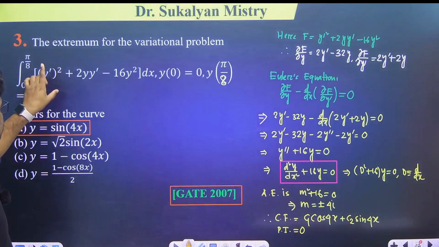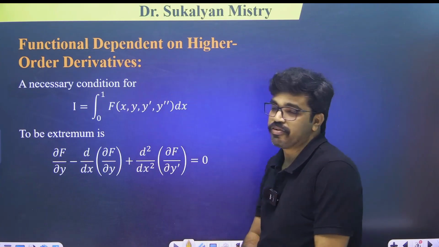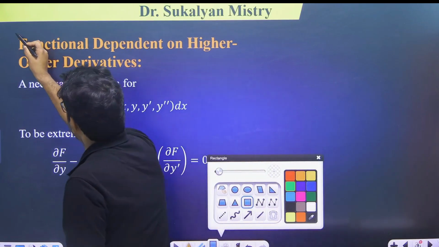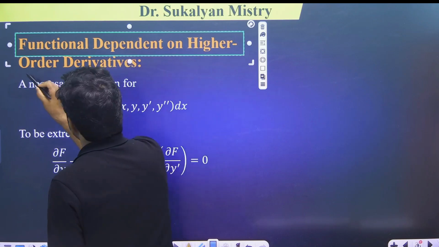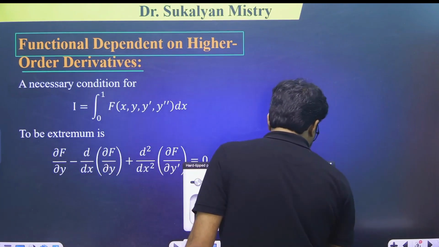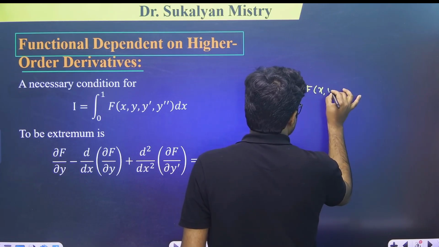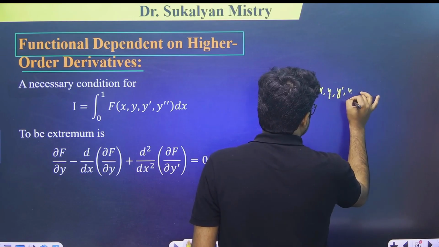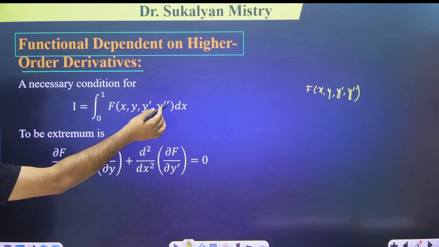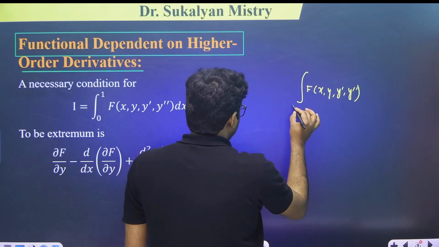when the functional depends on higher order derivatives, note this. Suppose f is a function of x, y, y dash, y double dash, and the functional is the integration from x0 to x1.